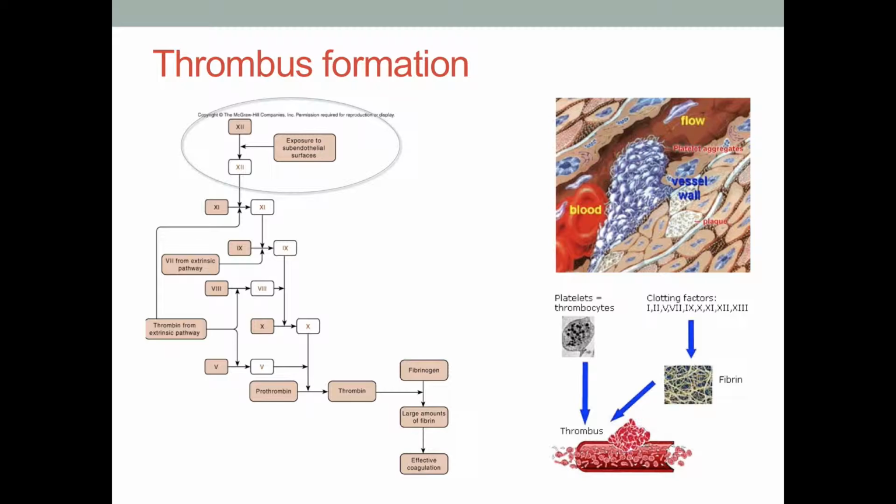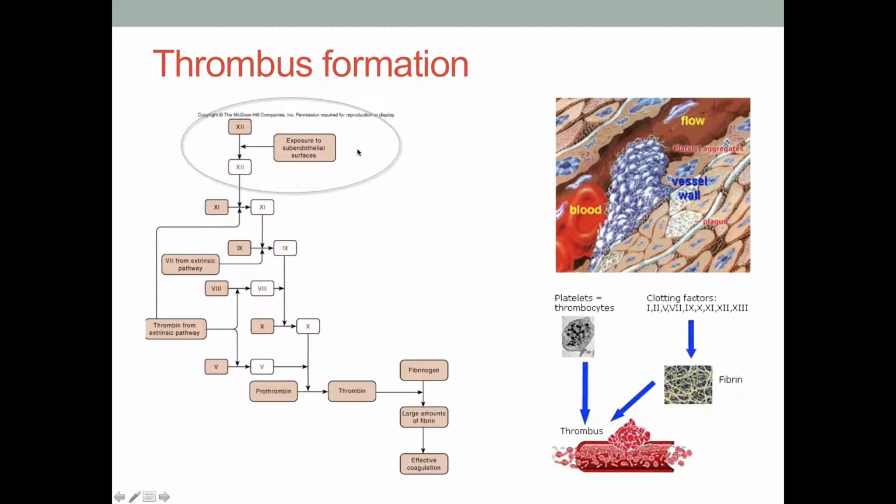So in thrombus formation, we begin with a rogue factor, factor 12, which is referred to as the Hageman factor. And Hageman factor can initiate the intrinsic pathway, which would normally in injury only be initiated when there's a really strong stimulus from the extrinsic pathway that would be triggered in tissue damage.